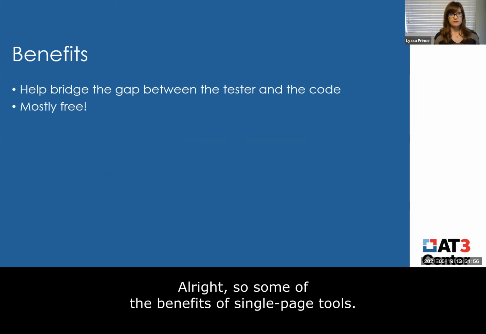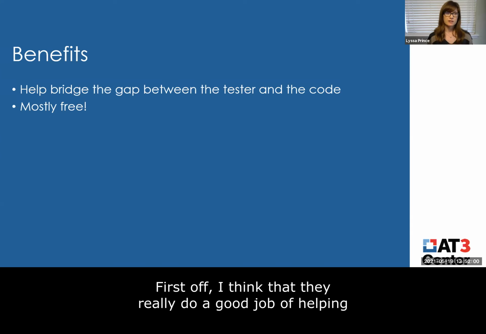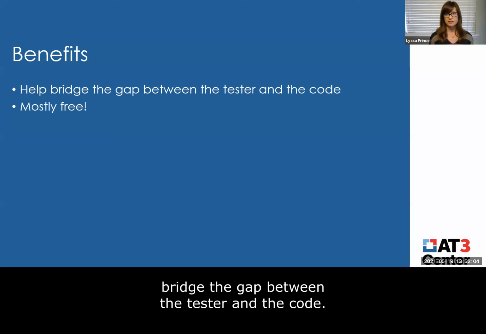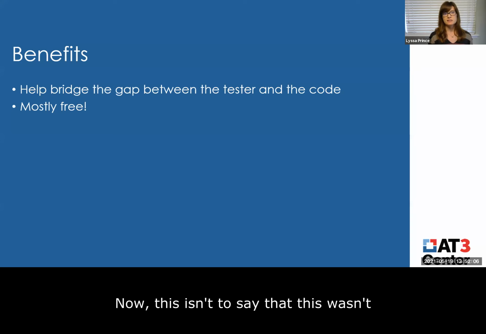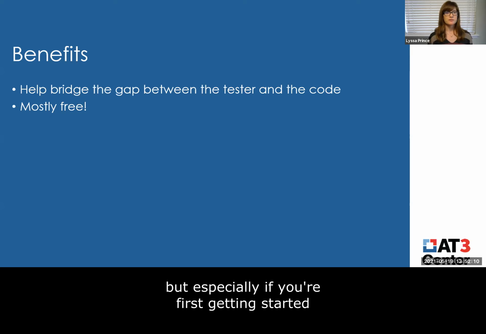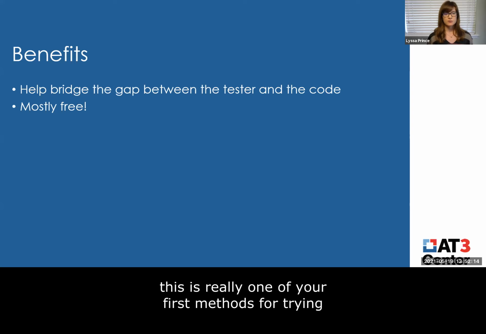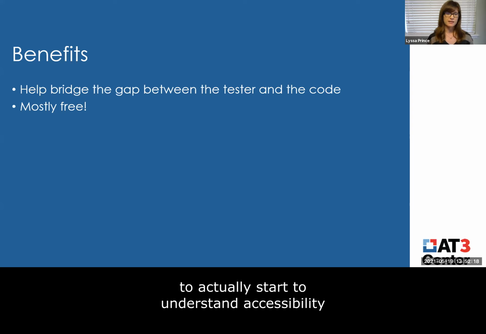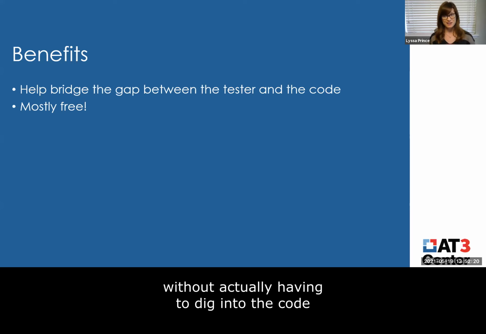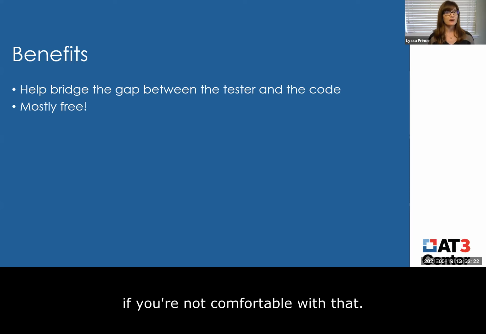All right, so some of the benefits of single page tools. First off, I think they really do a good job of helping bridge the gap between the tester and the code. This isn't to say that wasn't true about the enterprise level tools, but especially if you're first getting started and you don't have access to an enterprise tool, this is really one of your first methods for trying to start to understand accessibility without having to dig into the code if you're not comfortable with that.